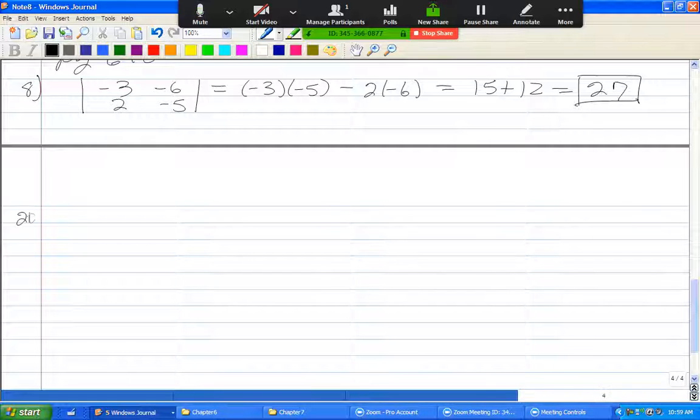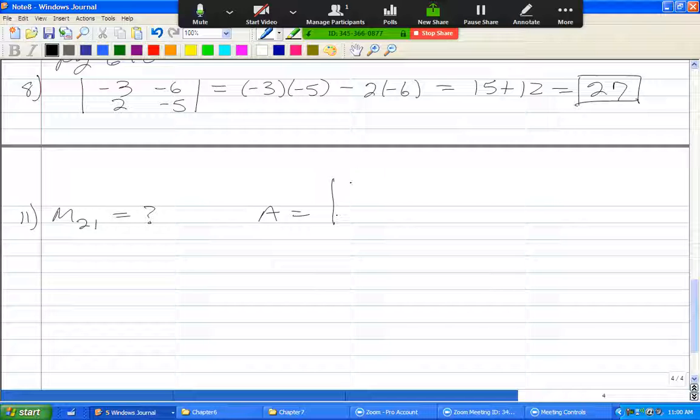Let me do problem number 11, M21, for the following matrix.